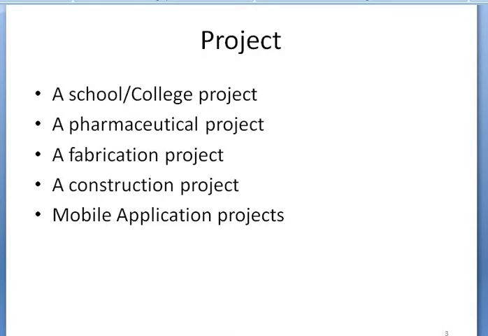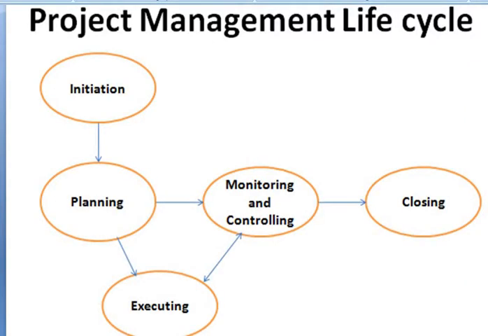Basically, software project management is the application of knowledge, skills, tools, and techniques to achieve a number of customer requirements. These project activities are performed to achieve the objectives of the project requirements. See here, the project management life cycle.